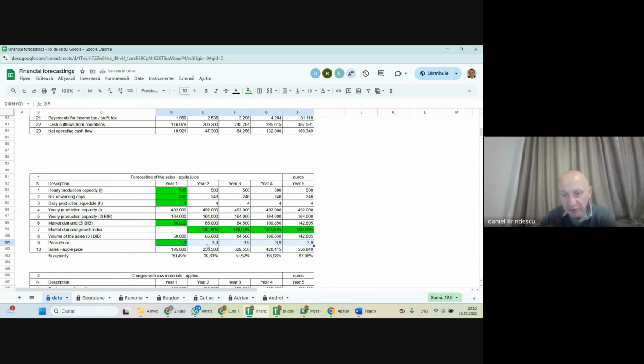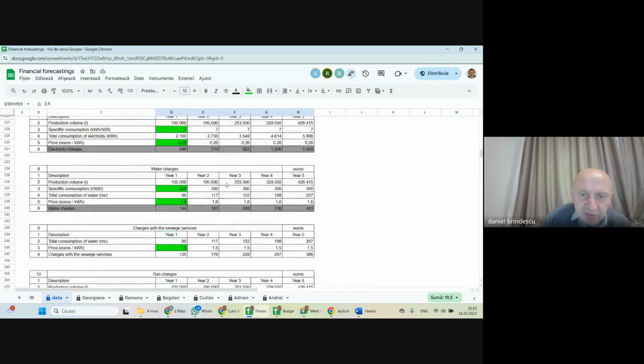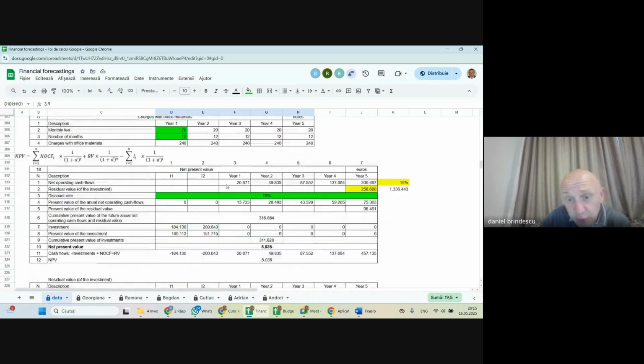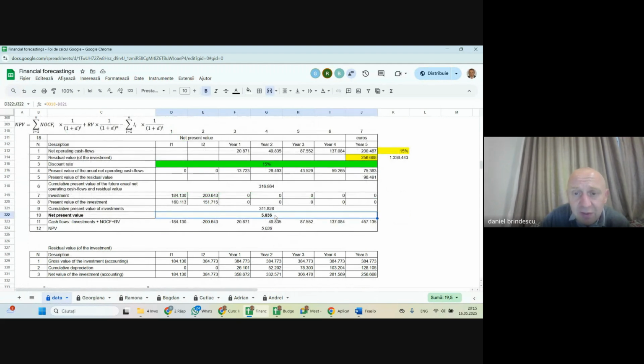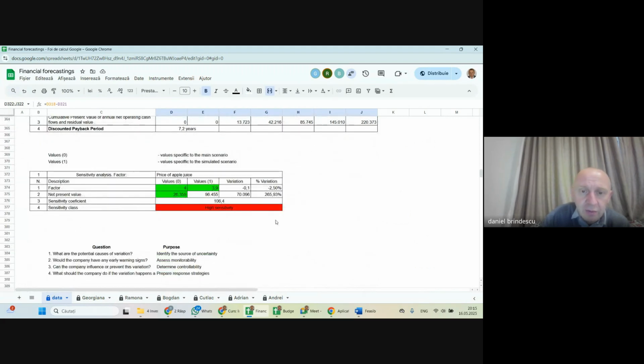The price decreases for the entire explicit forecasting period and changes throughout the entire sheet. And because of this, the net present value should be decreasing, and it does so. It decreases to 5,036.